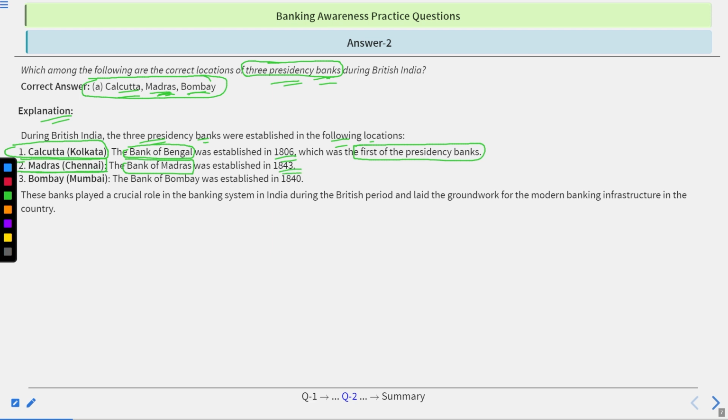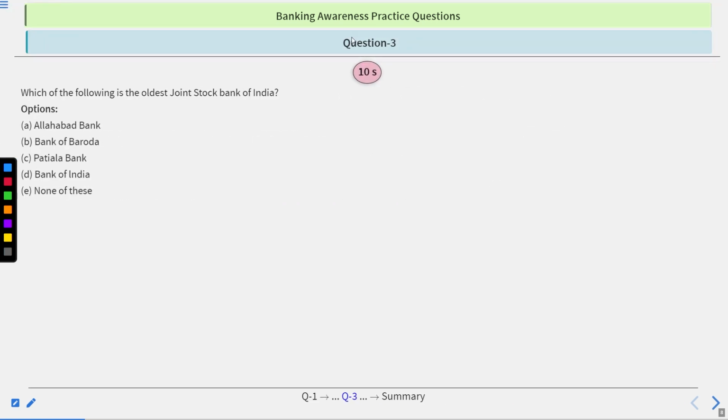Then Bombay or Mumbai: the Bank of Bombay, established in 1840. These banks played a crucial role in the banking system in India during the British period and laid the groundwork for the modern banking infrastructure in the country. Now let's move to question number 3.